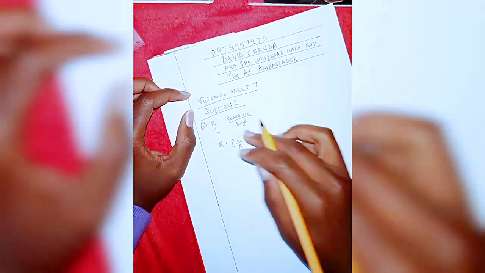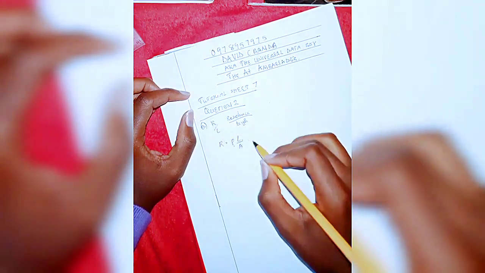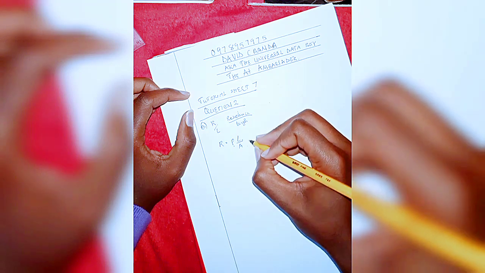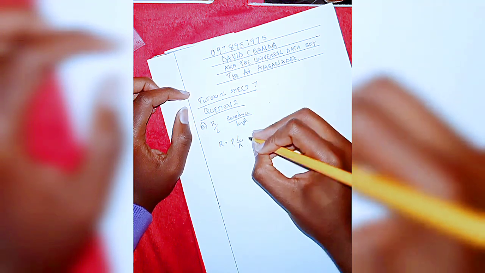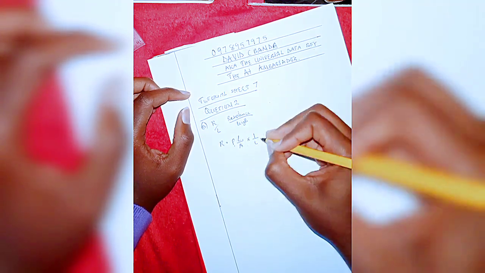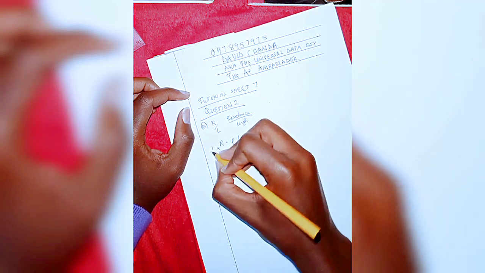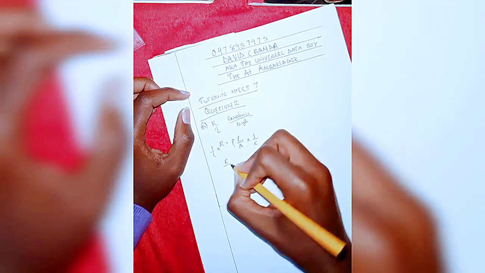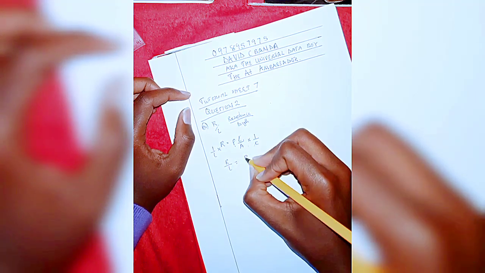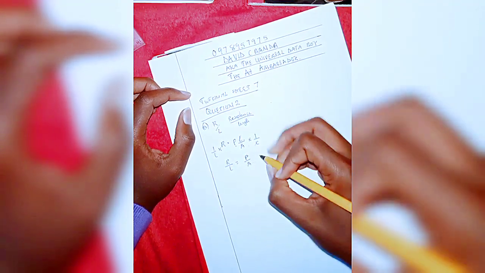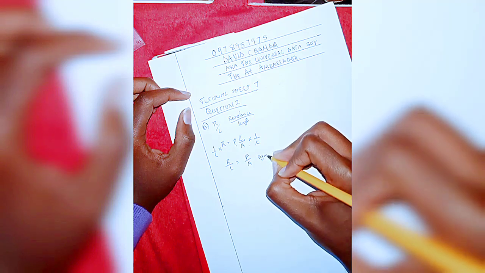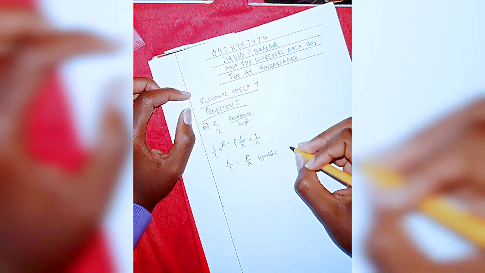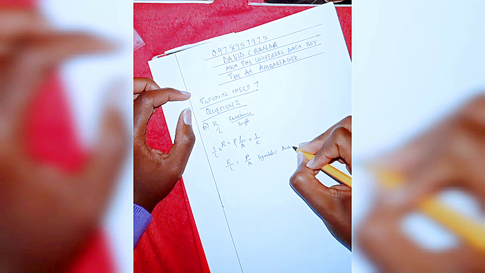Rho is the resistivity, L is the length, and A is the area. So now we can make this the subject of the formula by dividing both sides by L, which is multiplying by 1 over L. So now these L's will cancel, and then we'll have R over L being equal to rho over A. So this is our symbolic answer.